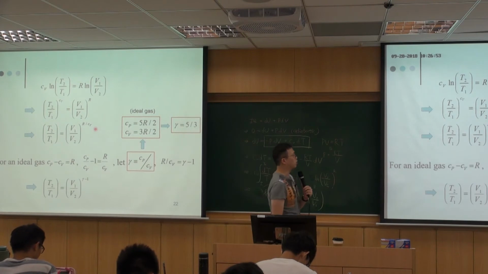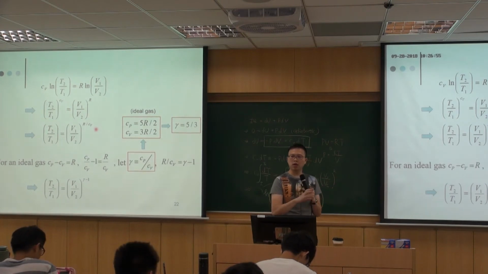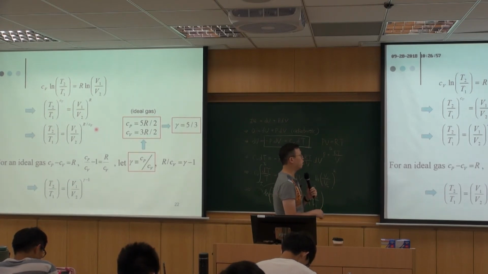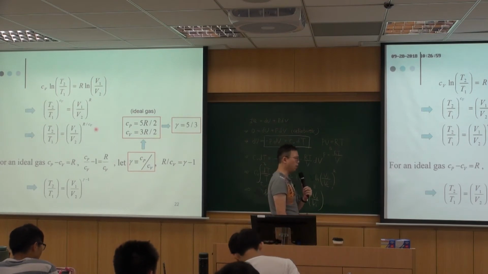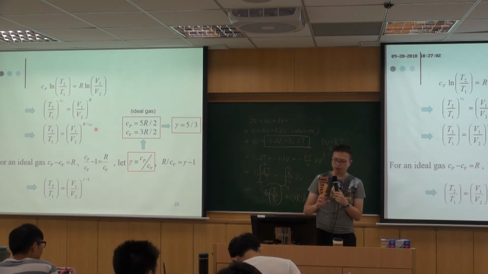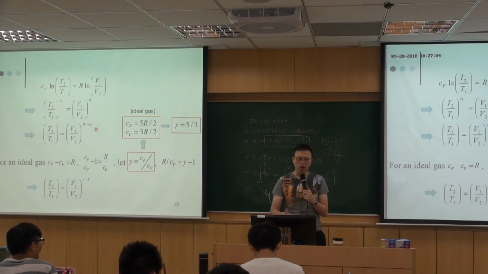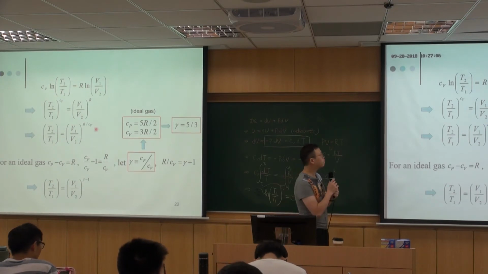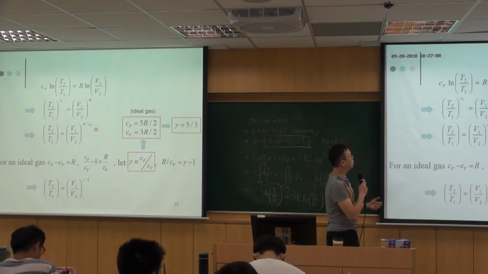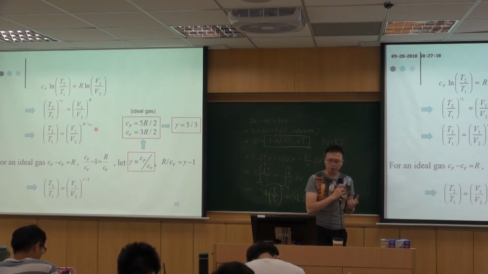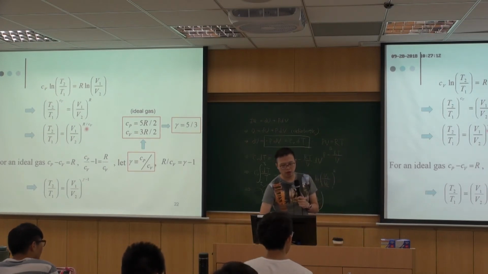So now you can start to see where the R comes from, right? Remember, we talked about the relationship between CP and CV, and there's always this R being involved. That's the same over here. But here it's in the power part. We have this R over CV here.